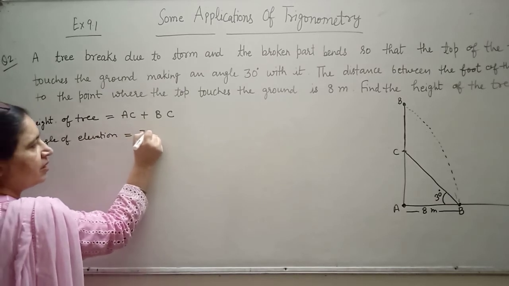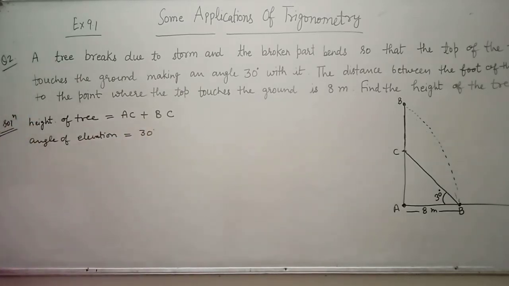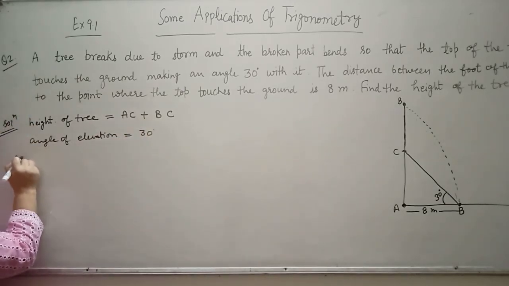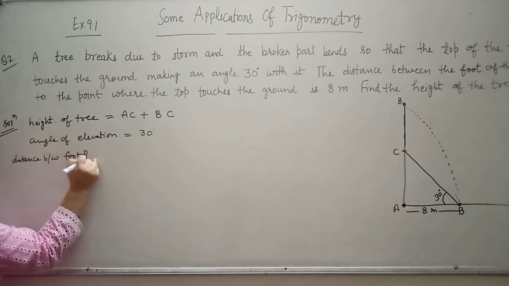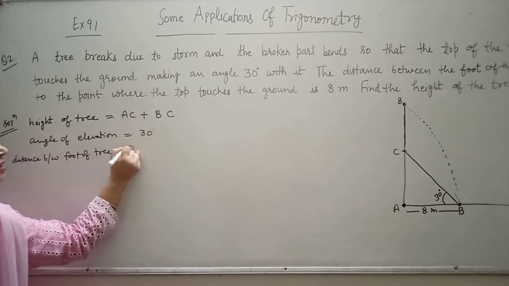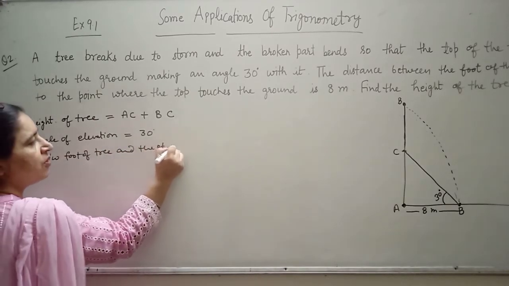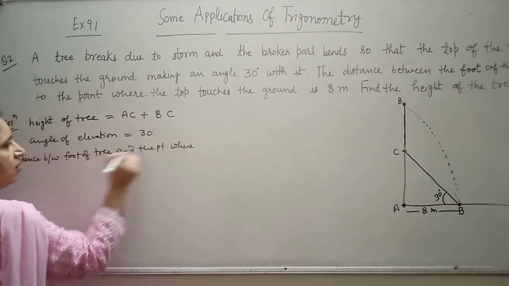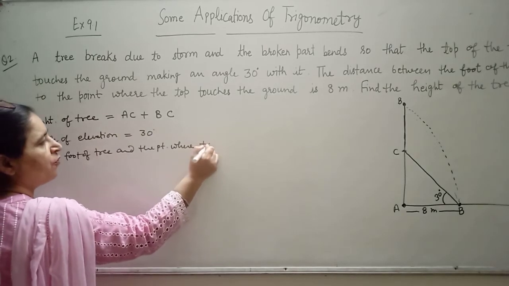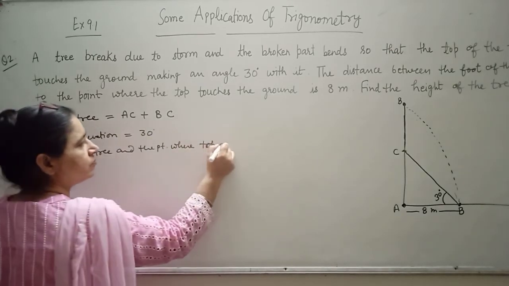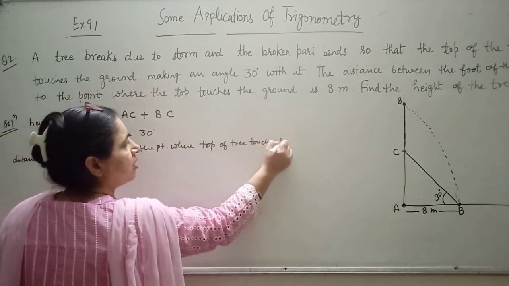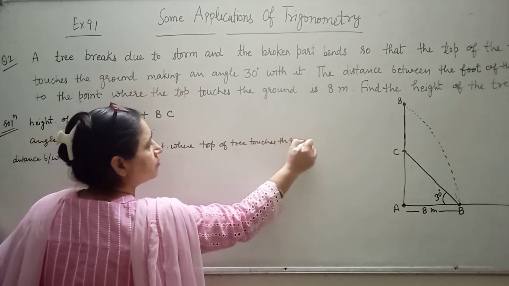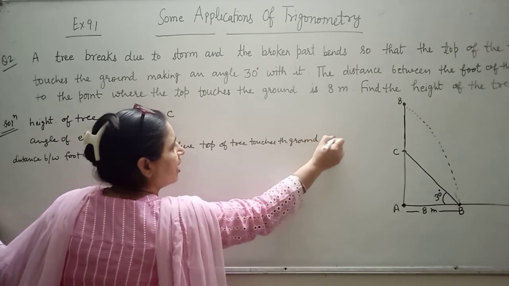Now angle of elevation, that is 30 degree. Then distance between foot of tree and the point where top of tree touches the ground is equal to 8 meter.